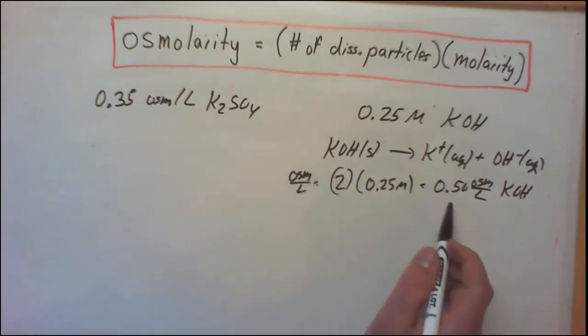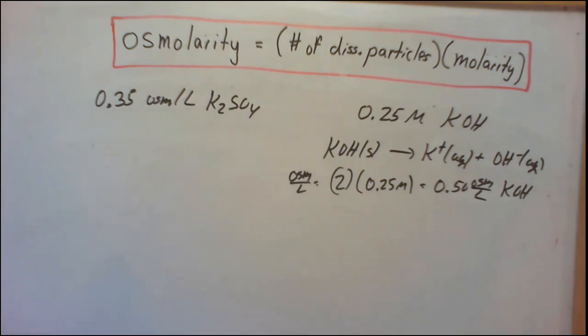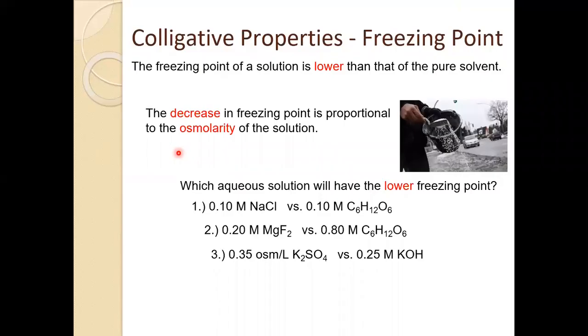Because this solution has a higher osmolarity than this solution, we'd expect that the higher osmolarity solution should have the lower freezing point. So we saw with freezing point that the higher the osmolarity, the more concentrated the solution is in terms of its osmolarity, the lower the freezing point of that solution should be.